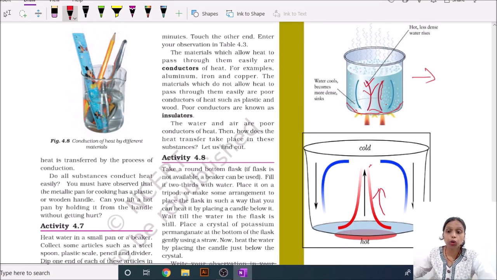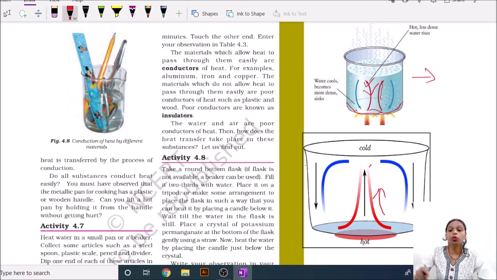After that it would rise up, and the cold water that is not in contact with the flame comes down and fills that place, and this cycle would continue until all the water is hot and boiled. This is the process called convection.